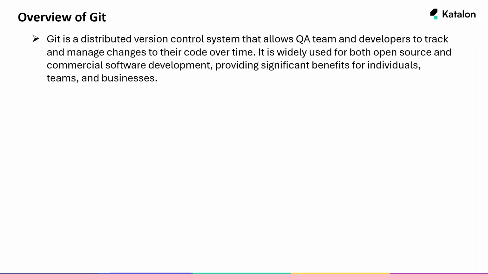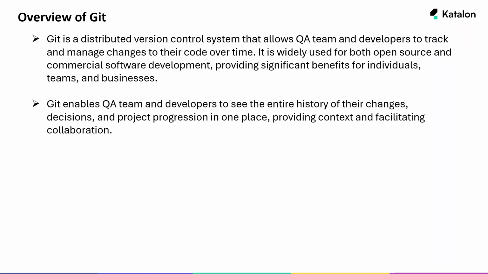It is widely used for both open source and commercial software development, providing significant benefits for individuals, teams, and businesses. Git enables QA teams and developers to see the entire history of their changes, decisions, and project progression in one place, providing context and facilitating collaboration.